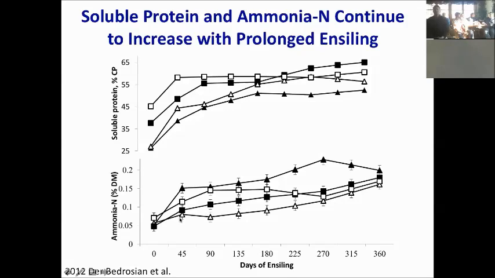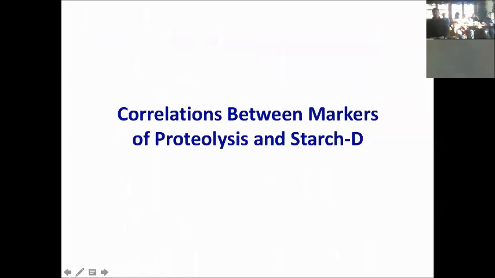What you can see here is that over a year in the silo, we have some samples that are increasing in ammonia nitrogen and still increasing in soluble protein, albeit at a much smaller increase. Most of the change is occurring here. Okay, so we have some correlation markers then.